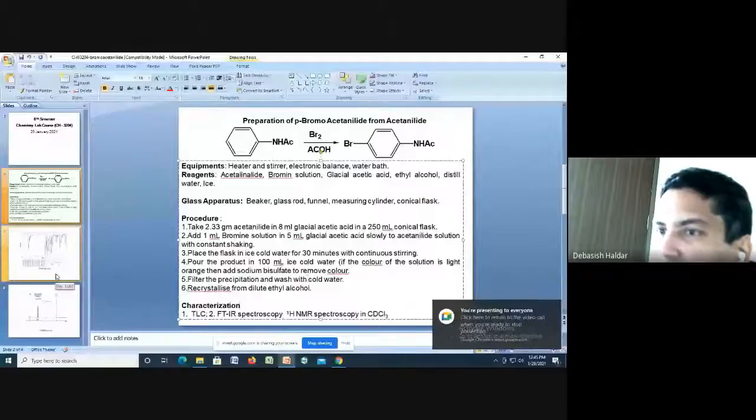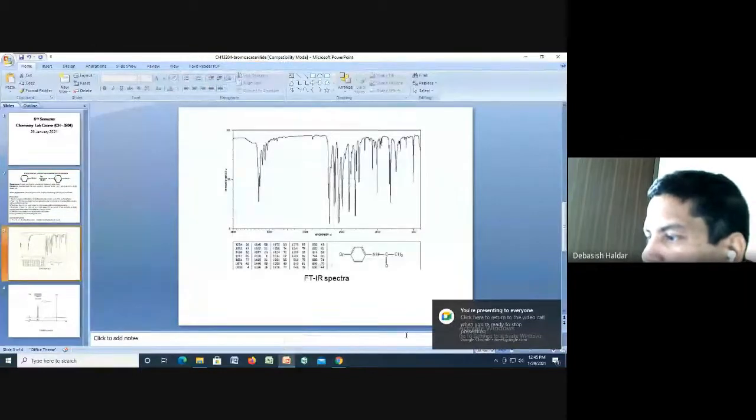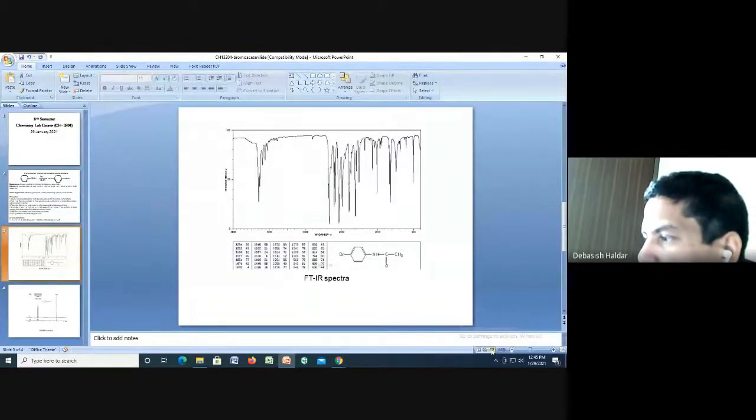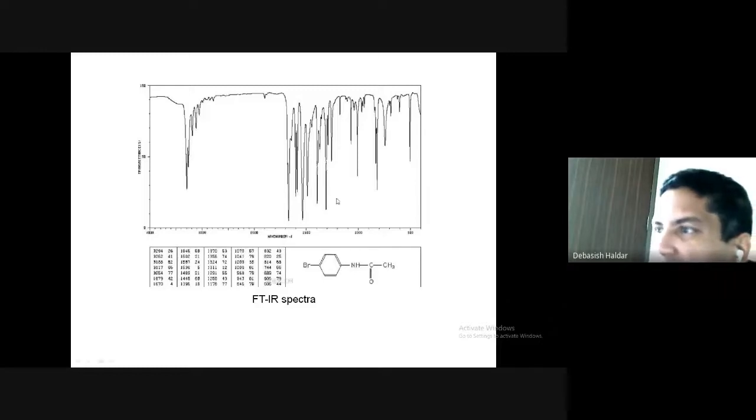So now I am sharing my screen with you to show the spectra. So this is the FTIR spectrum of para-bromoacetanilide. This is the full range starting from 500 to 4,000. I hope you have already gone through FTIR spectroscopy, with stretching, bending, and all kinds of things.